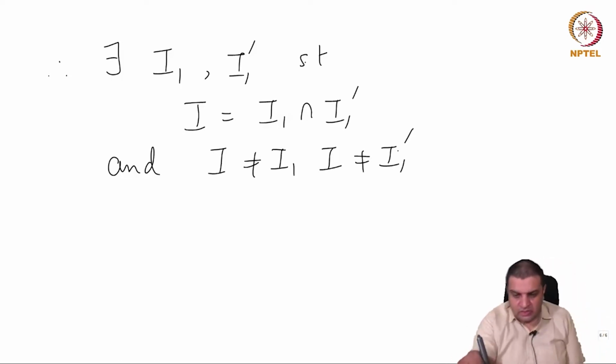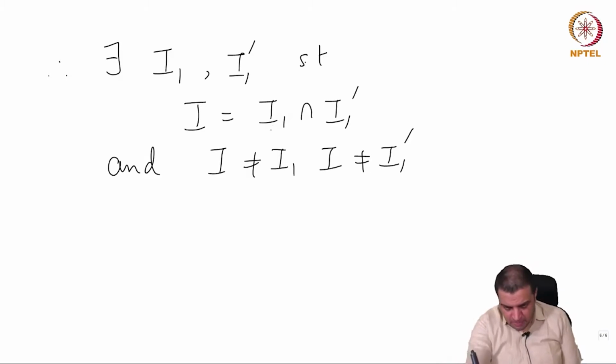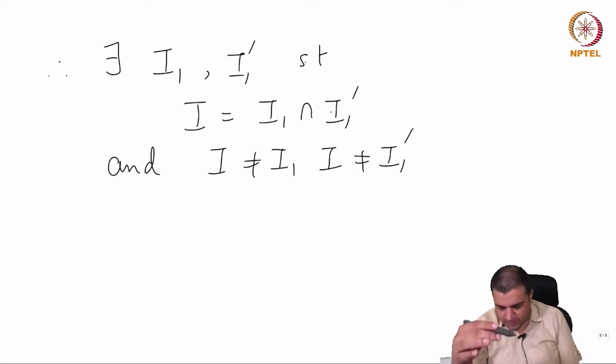So these are strictly bigger ideals which contain I, but their intersection is I. Now the proposition cannot hold for either one of these, because suppose the proposition holds for both, then this is an intersection of finitely many irreducibles, this is an intersection of finitely many irreducibles, and one can just put them together, and that is a finite intersection of irreducibles.